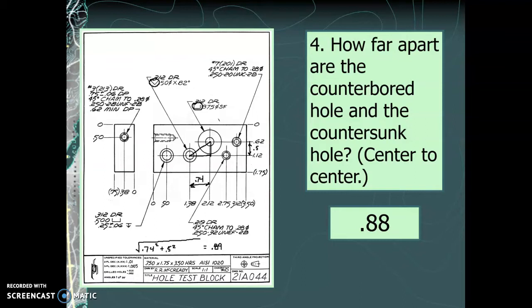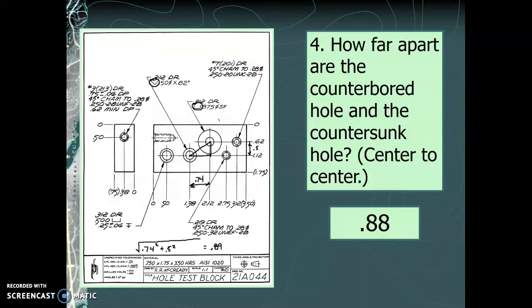Now we were a little bit rushed for time at the end of the last video. I had to quickly finish this problem from this example exercise, and it was just asking for the center to center distance between the hole with the counterbore and the one with the countersink. And so we found the horizontal distance and the vertical distance using these given dimensions, and then used Pythagorean theorem to find that.